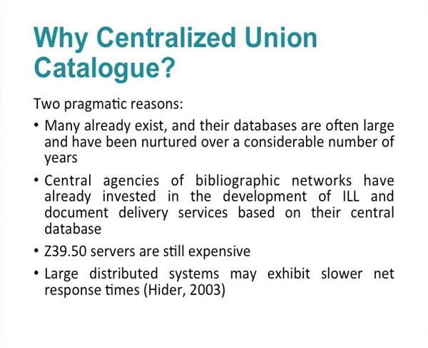And the other thing is that Z39.50 servers are still expensive. If we try to make a distributed union catalog, Z39 based servers are expensive and a large distributed system may exhibit slower net response times. Suppose you have developed a distributed union catalog and you are including various libraries which adhere to Z39.50, but the libraries participating in the distributed union catalog have huge systems, with a huge number of records.